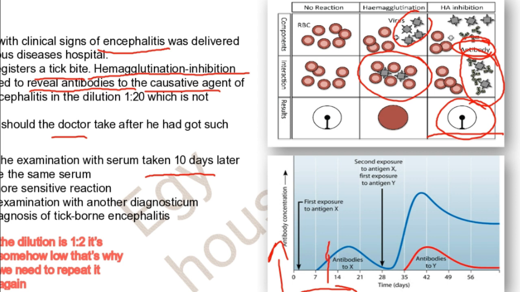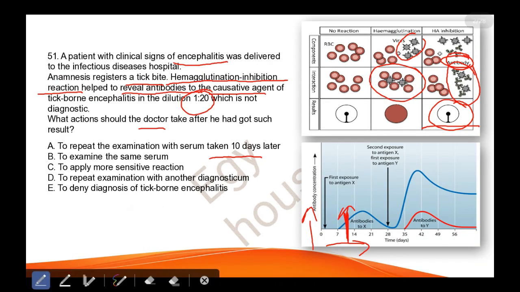So the 10 days will be here, and in this concentration of antibodies, we will really decide that the dilution or the titer will be higher, and it will help to confirm that these antibodies are produced for the tick bite encephalitis.